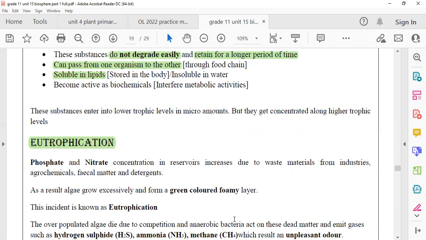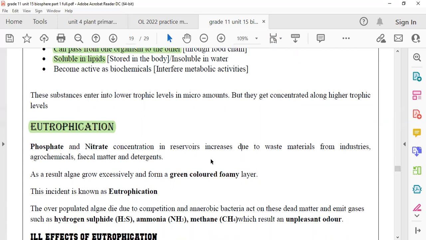According to your syllabus, and that is the truth also, there are two ions responsible for eutrophication. One is phosphate ion, the other one is nitrate ion. These ions are added to the environment from agrochemicals, agricultural fertilizers.